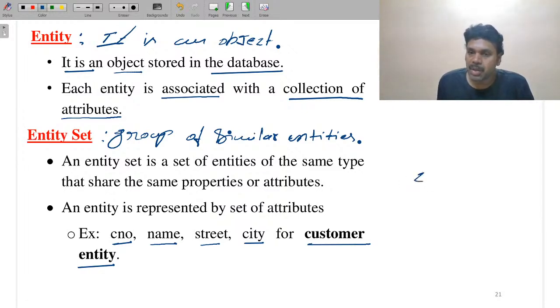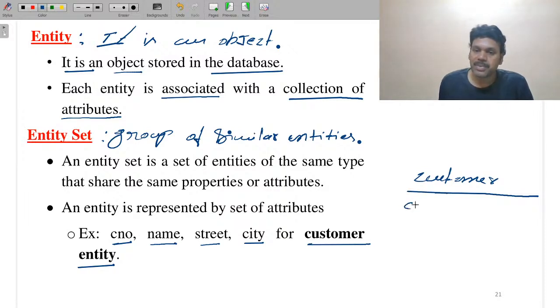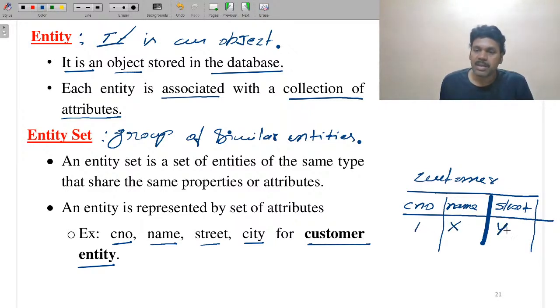For example, there is a customer table which consists of some attributes like CNO and name and street and others like city. And now if I enter something like this, then it is called one entity set.